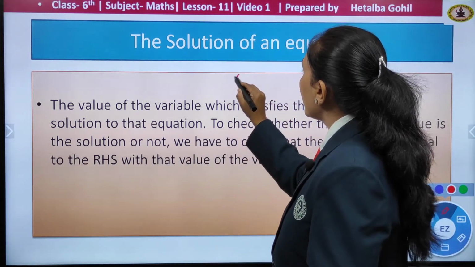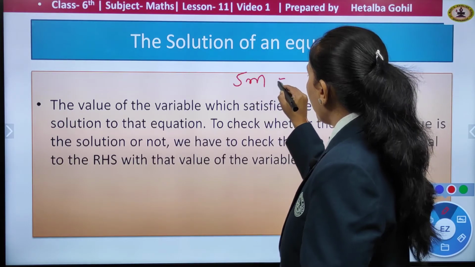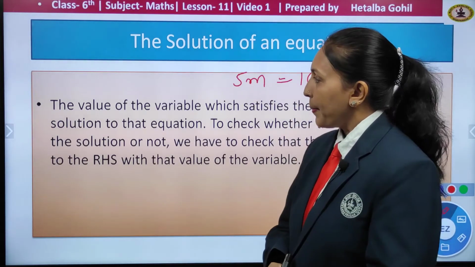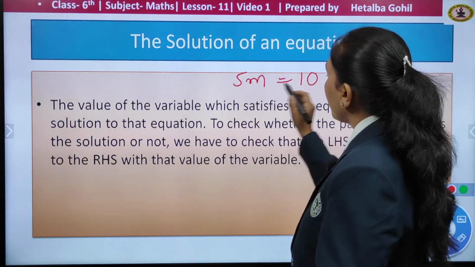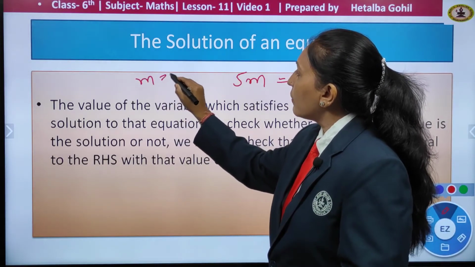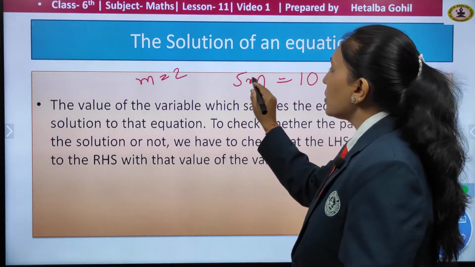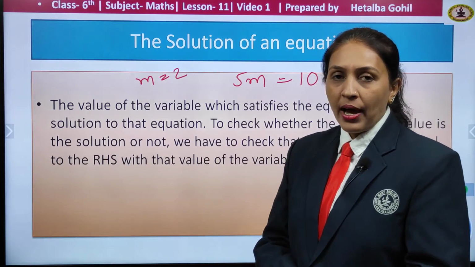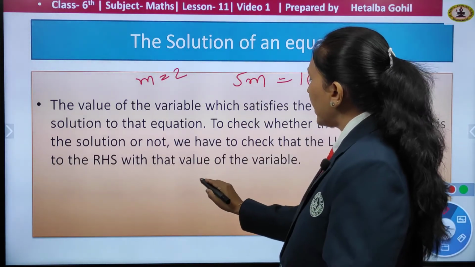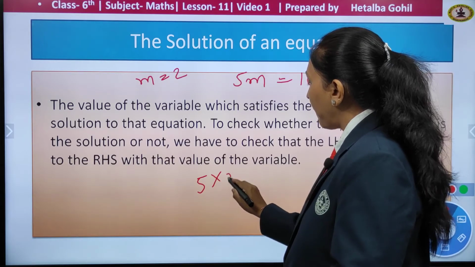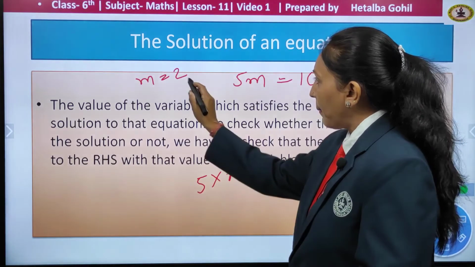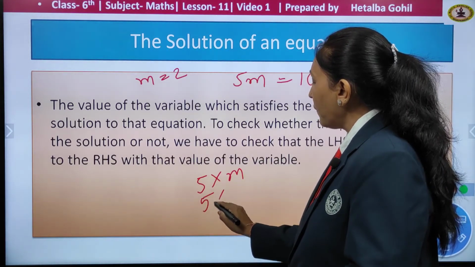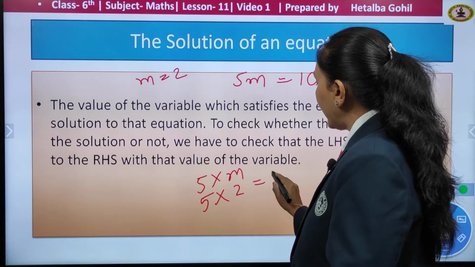For example, children, I told you 5m equal to 10. Now if I take the value of the variable m equal to 2, since there is no sign between 5 and m, we consider it as 5 into m. Putting the value of m, that is 2, here, 5 into 2, what do I get? 10.